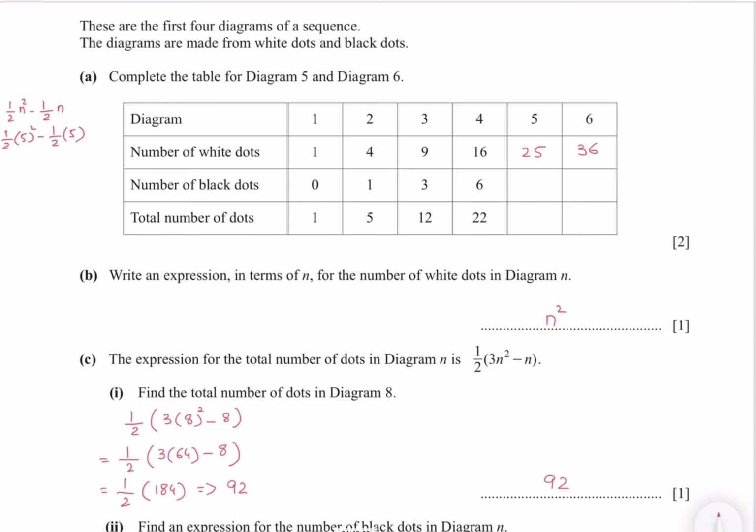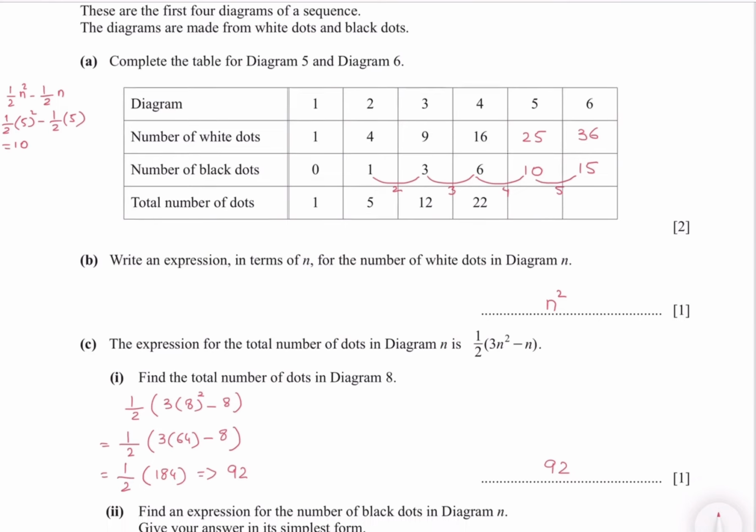So you get the value 10. And for 6 you write 6 in n. Actually no need to write 6. You can easily now recognize what's going on. 1 plus 2 is 3, 3 plus 3 is 6, 6 plus 4 is 10, so 10 plus 5 is 15.